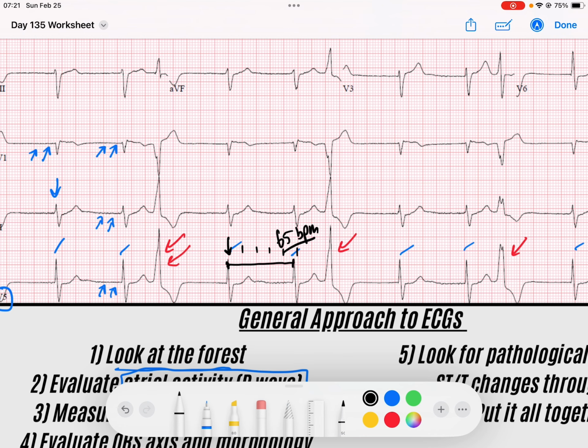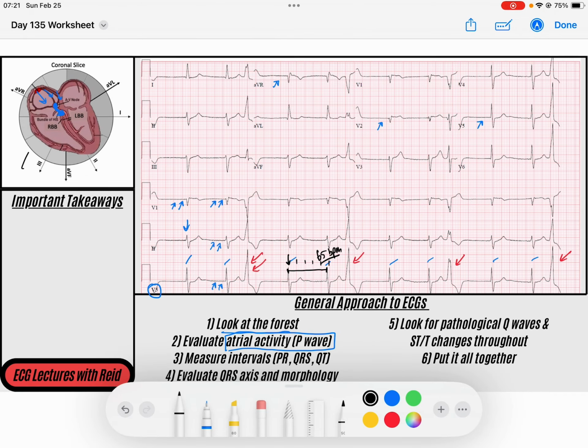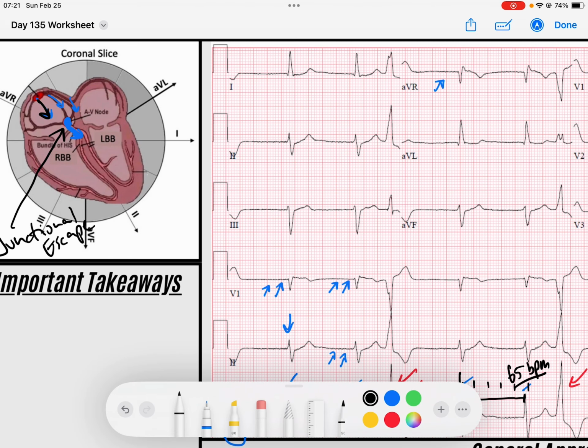We know that junctional escape rhythms can occur if, for whatever reason, the signals from the atria don't come down and the junction decides that it needs to fire off and send a signal down. It's a safety mechanism, and junctional escapes usually occur at 40 to 60 beats per minute.